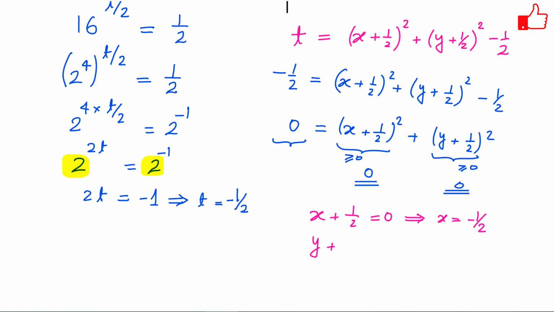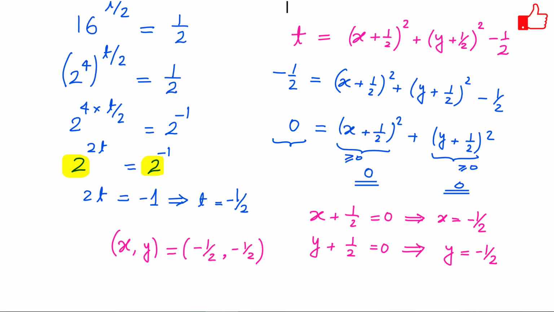And we also have y plus 1 by 2 is equal to 0, which means y is equal to minus half. So for this problem there is only one solution, and the solution is real, of course, and this solution is minus 1 by 2, minus 1 by 2.